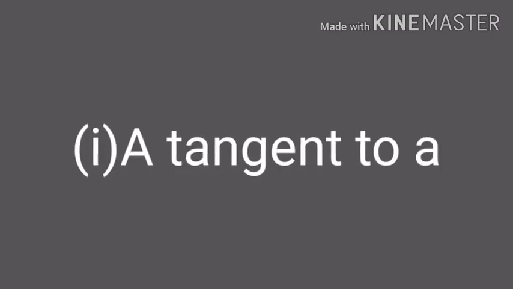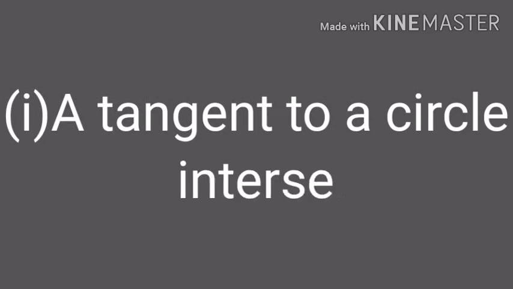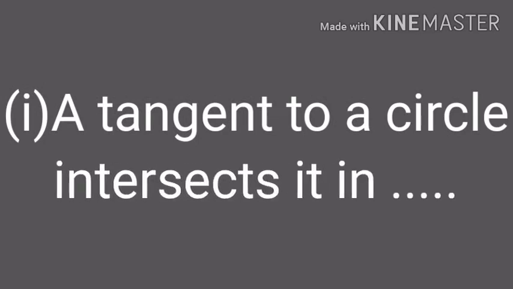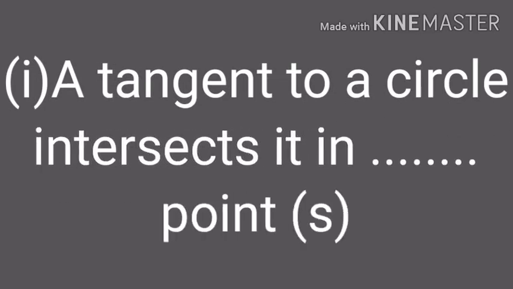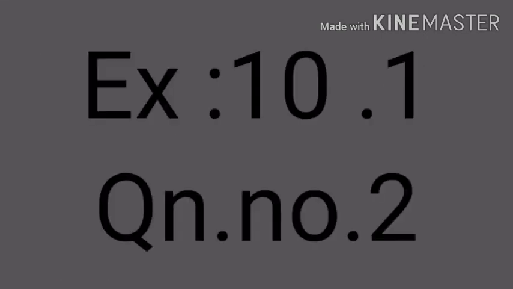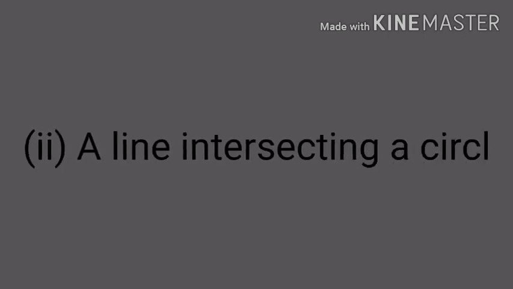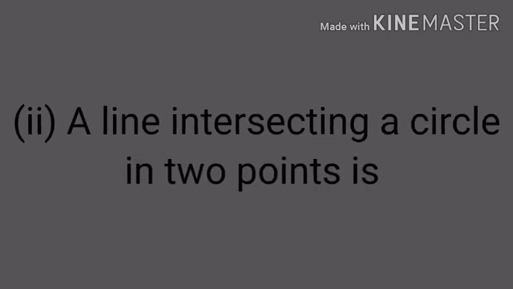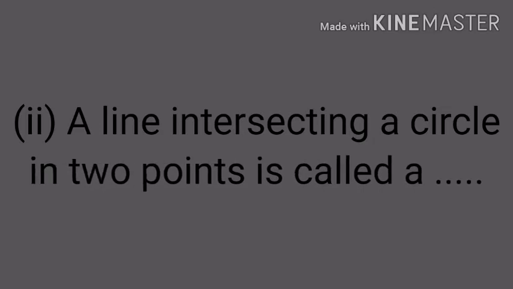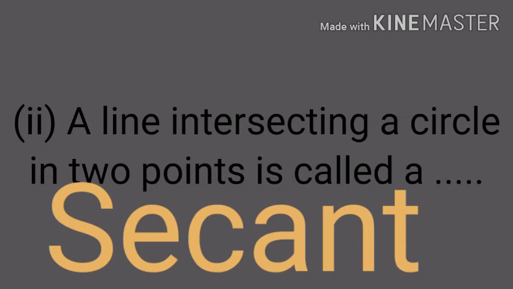Now the second question, first part: A tangent to a circle intersects it in dash point. A tangent to a circle intersects it in how many points? 1 point. The second part: A line intersecting a circle in 2 points is called a dash. 2 points means it is a secant.